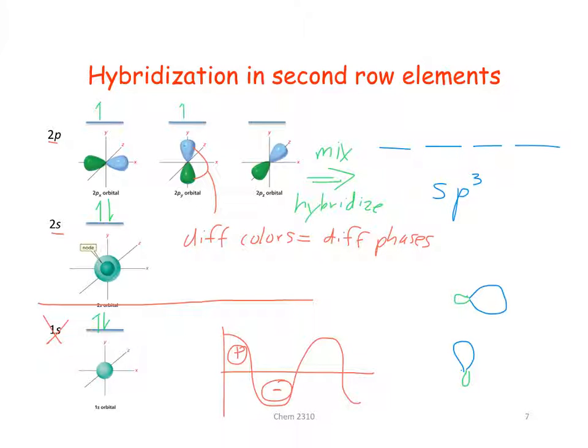This usually takes a little more artistic skill than I have. So this one will go out in the front, and this one will be kind of back behind, out in the front over here. So we have 4 sp3 orbitals.